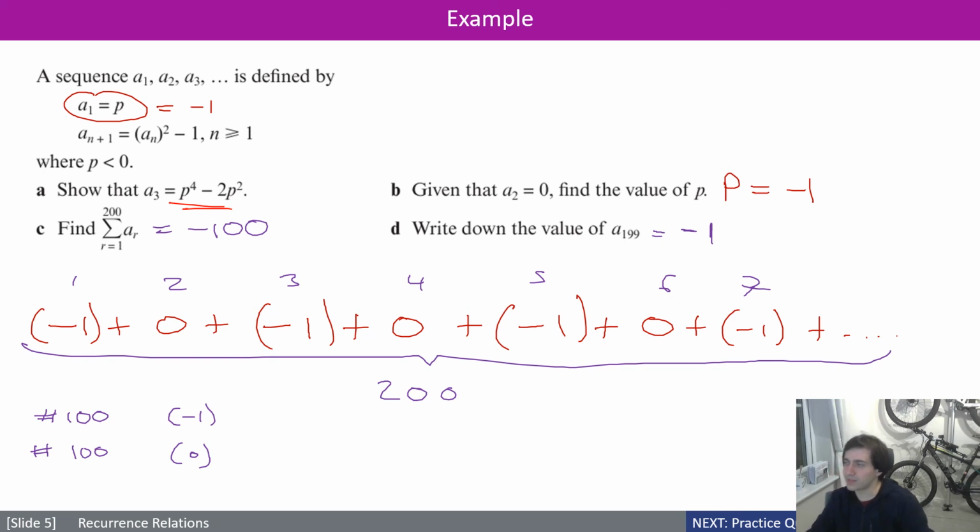Okay, and that's it. So hopefully that's given you some idea of how we work with recurrence relations, the kinds of interesting patterns that they can give us. Notice that in this case, that specific series we had, it's not arithmetic, because you're not adding the same number each time, and it's not geometric either.